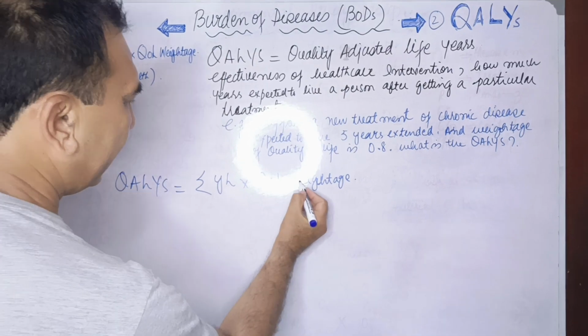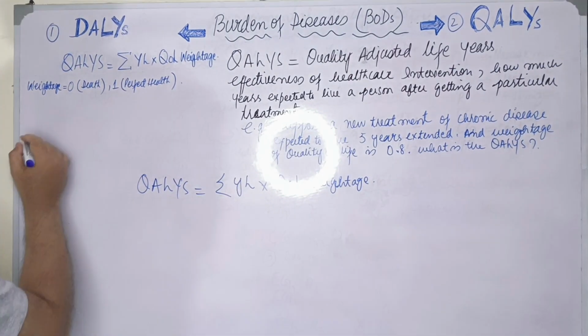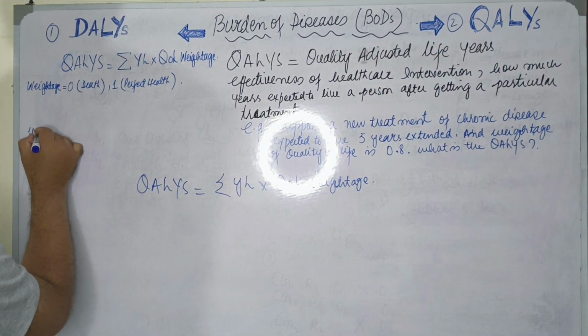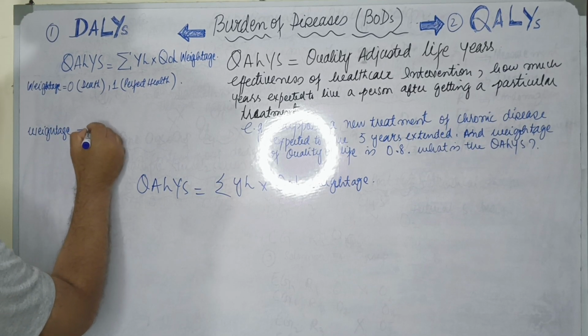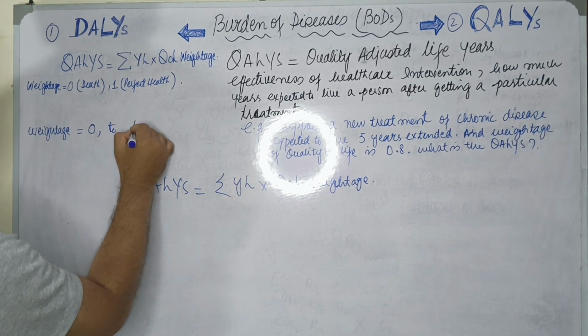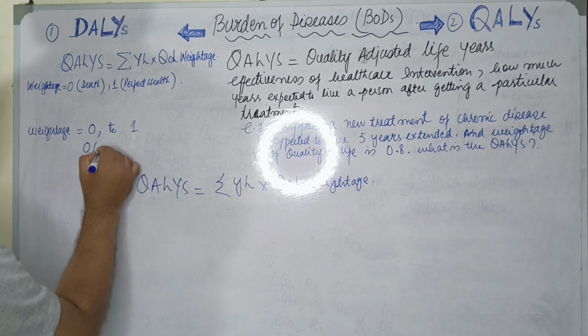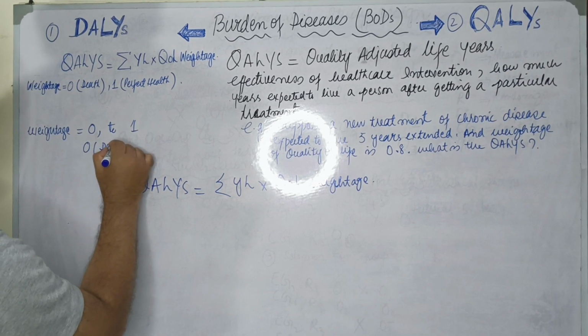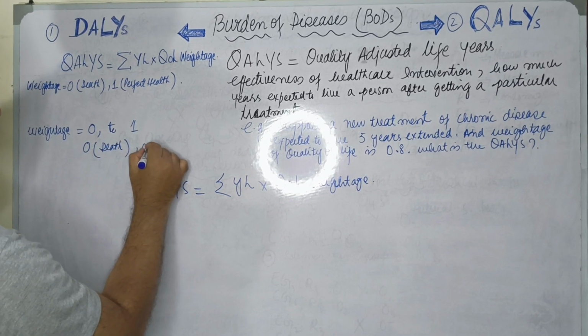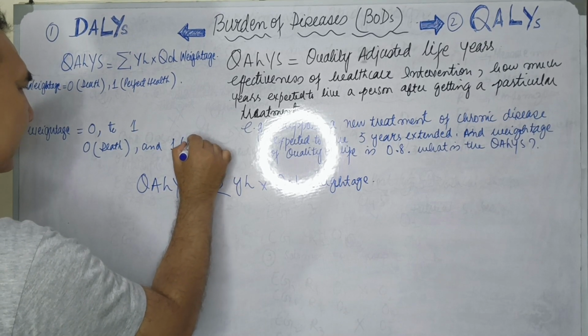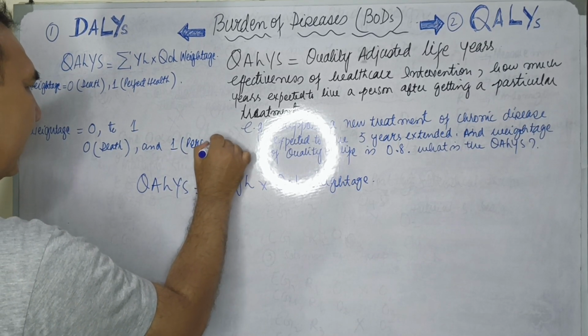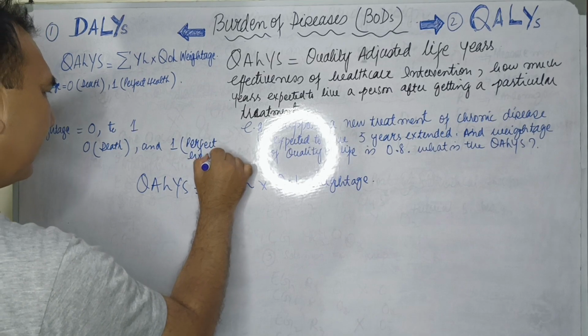The weightage here for any disease is from 0 to 1. 0 means death, and 1 is perfect health, a perfect healthy life.